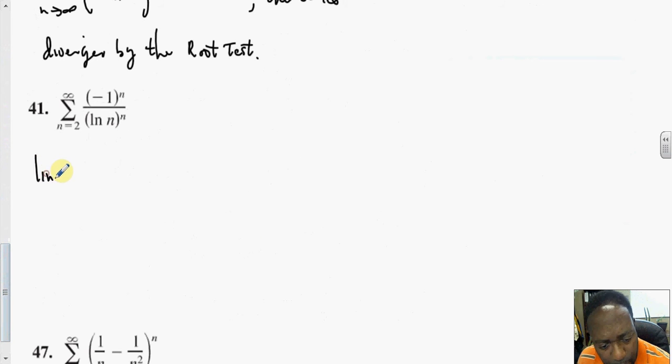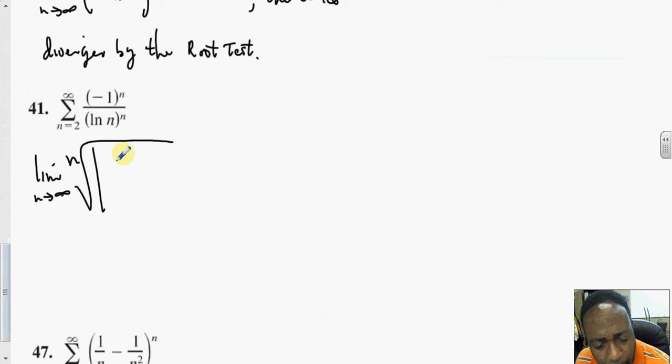So now we apply the root test to this series. This is the limit as n goes to infinity of the nth root of the absolute value of -1 to the n all over the natural log of n, raised to the nth power.